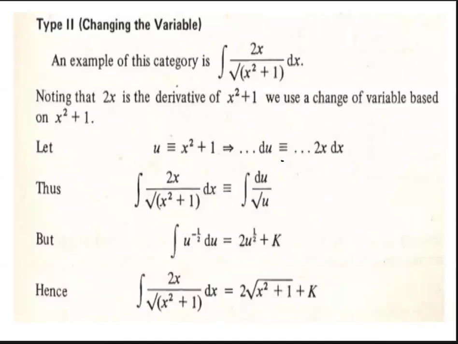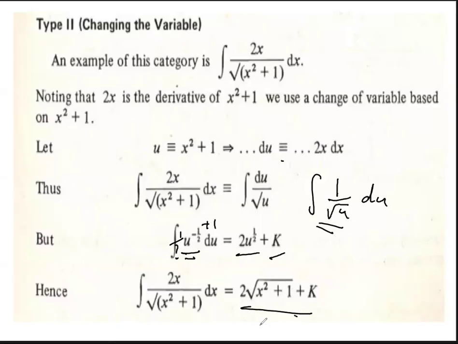If you don't recognize what this is, this is basically the integral of 1 over root u du, right? And this can be written as that. And, well, don't be scared by the negative and the fraction, right? You add your 1 and you divide the number in front here by whatever that is. And you get this, right? Plus your k, of course. So writing back what is u now here, you get back your integral.